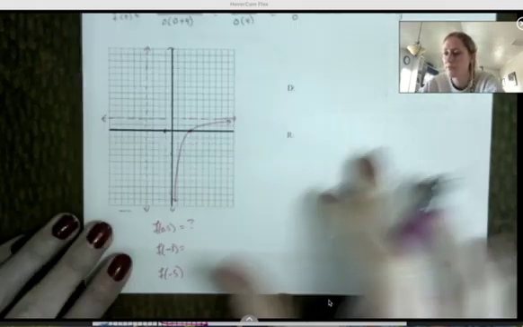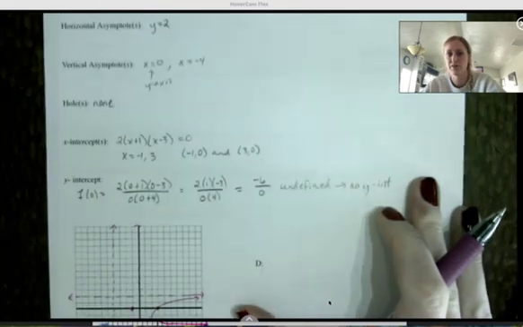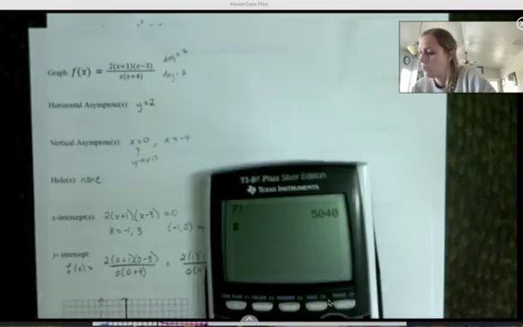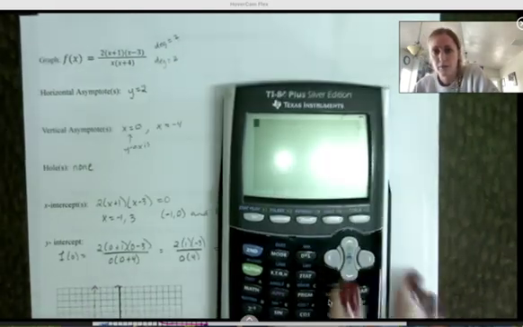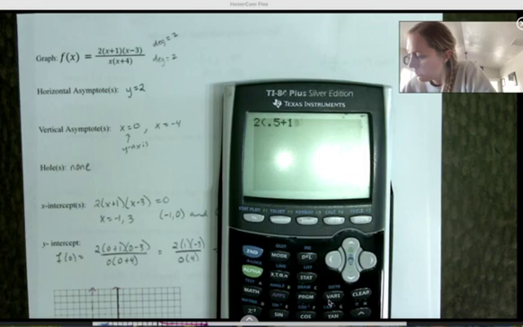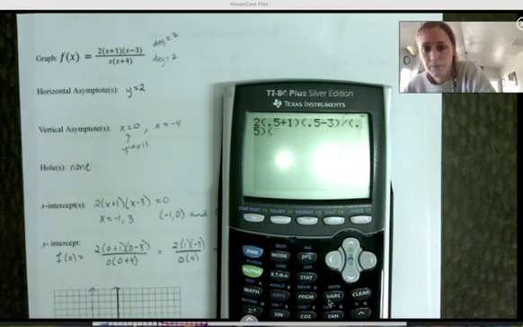Okay, so we want to find these. I'm going to use my calculator to help with this, but I'm going to use the original function, and I'm going to plug in those values for x. So I'm going to do 0.5 first. All right, so we're plugging in 0.5 for x. So I'm going to do 2 times 0.5 plus 1 times 0.5 minus 3, and then divided by 0.5 times 0.5 plus 4.